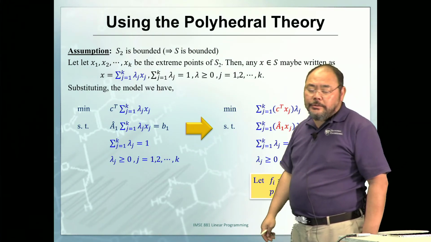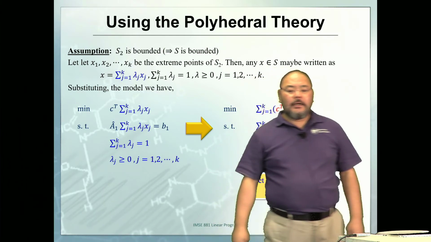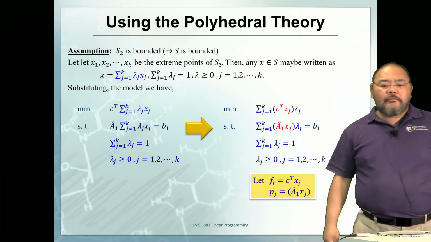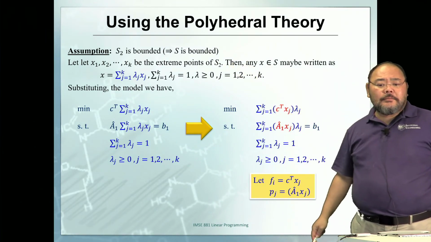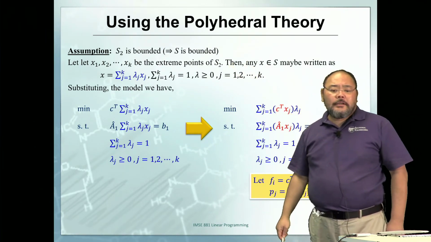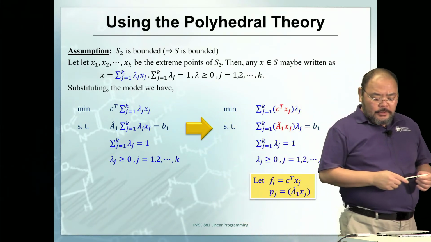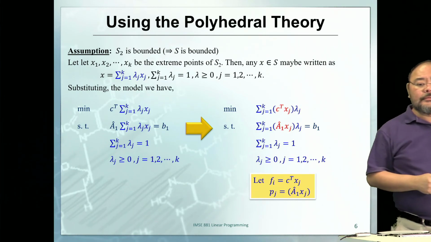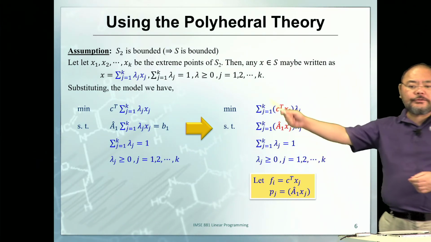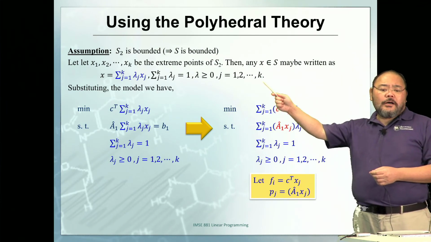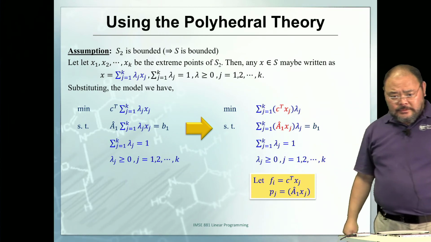We're going to use the polyhedral theory we talked about before. If S2 is bounded, then S is bounded, and x1 to xk will be the extreme points of S2. Then any point in S can be represented as a convex combination of x1 to xk, so k of those.